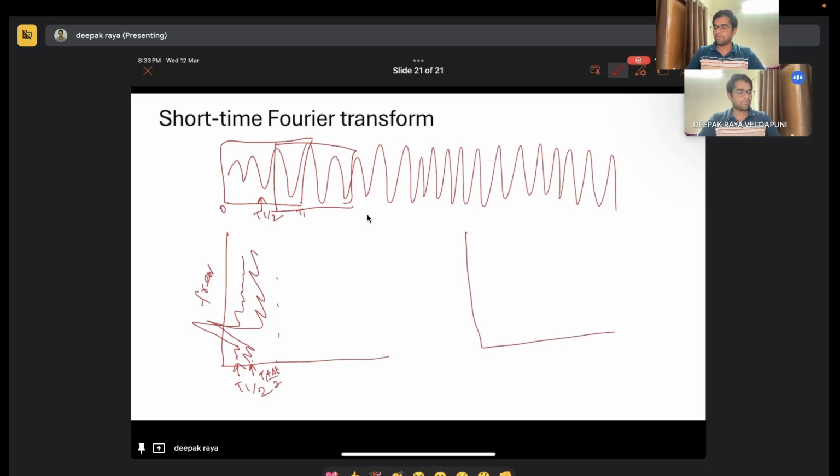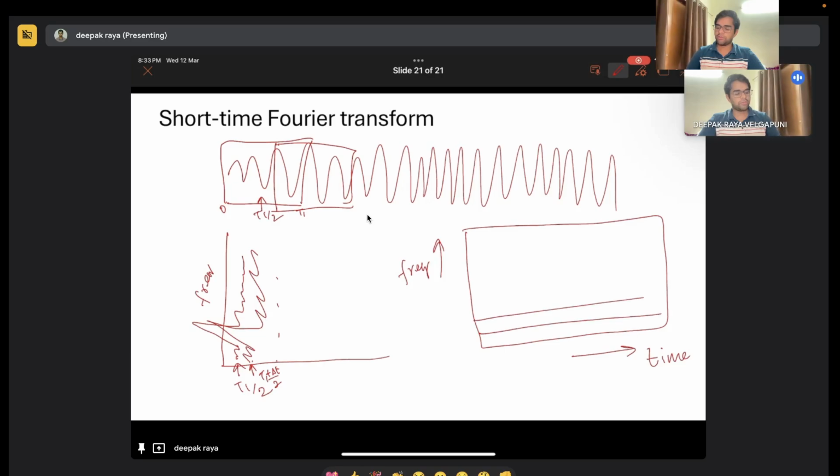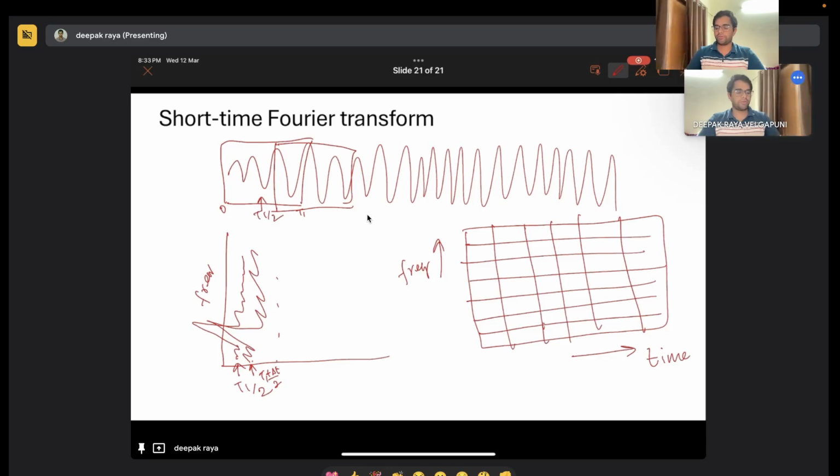So here you get time, here you get frequency, and basically you're dividing this into multiple blocks. It's a heat map, and you get a two-dimensional plot out of this, where instead of plotting the values out of the plane, you show them with a color. The brighter represents the heavier thing, more power, etc.